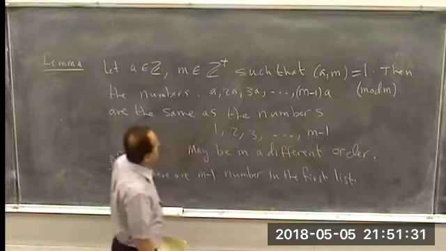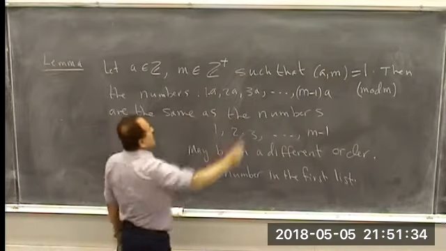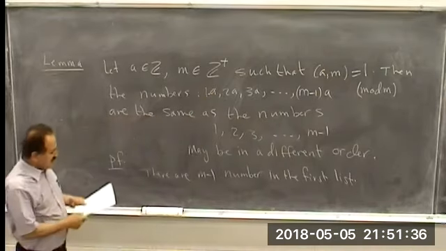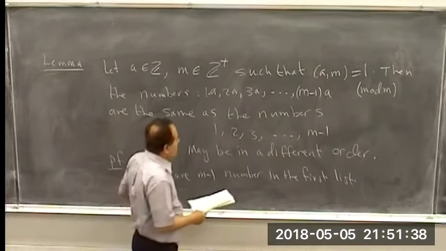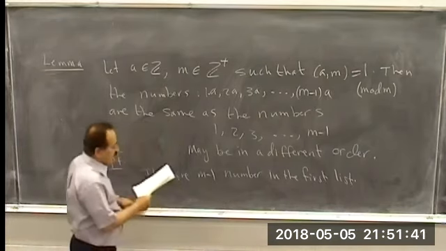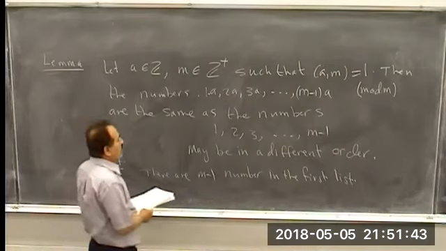We just count them. This is 1, and so on. There's m minus 1. I claim that none of these numbers is congruent to 0 mod m.